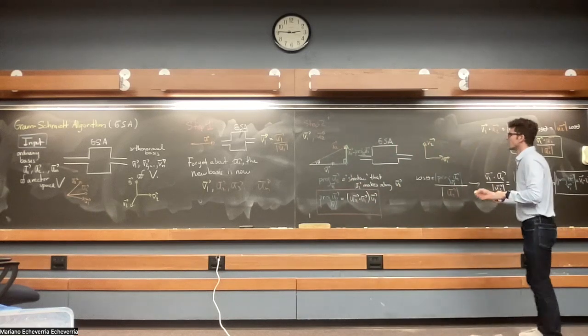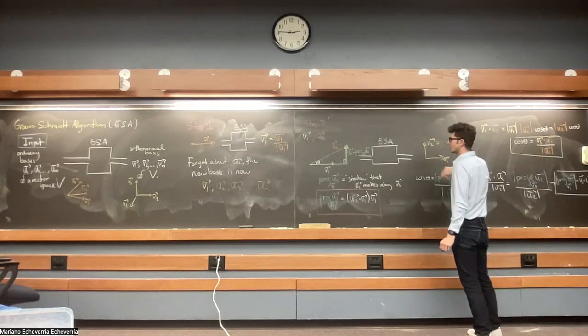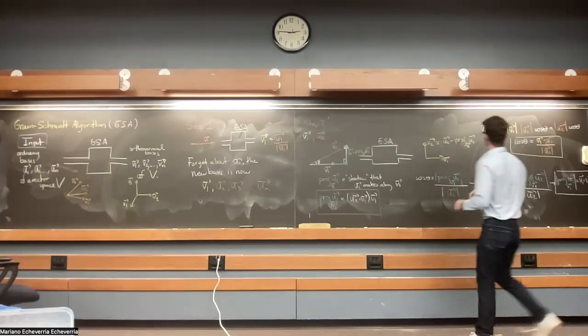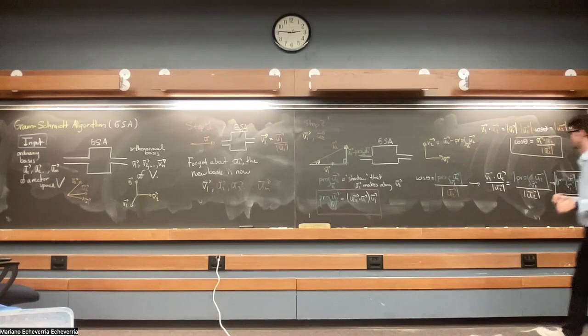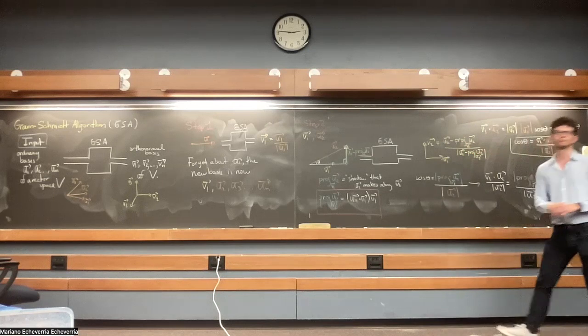So in this algorithm, the second vector for the basis will be U2 minus this projection, divided by its length. I'll write this all again more precisely.